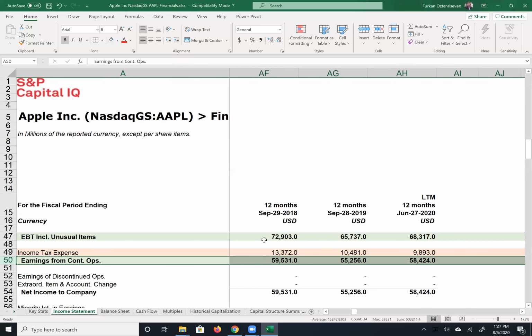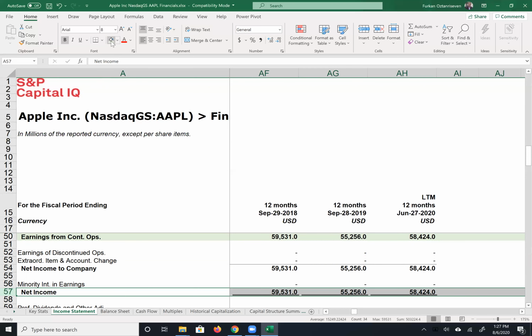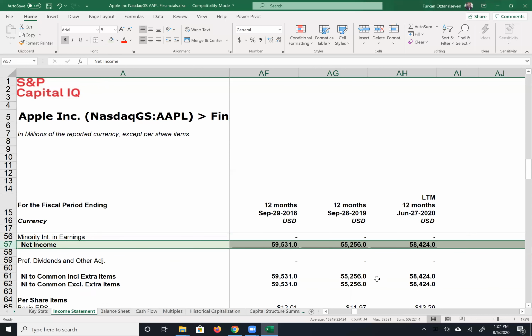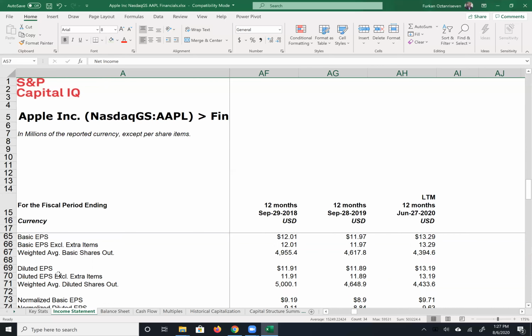Okay, so now we can calculate the net income of the company, which is 58.4 billion, and there is no minority interest given here. So net income, which is a very important number, is here for $58.4 billion. Again, if you want to see more information, per share items are here, diluted items.